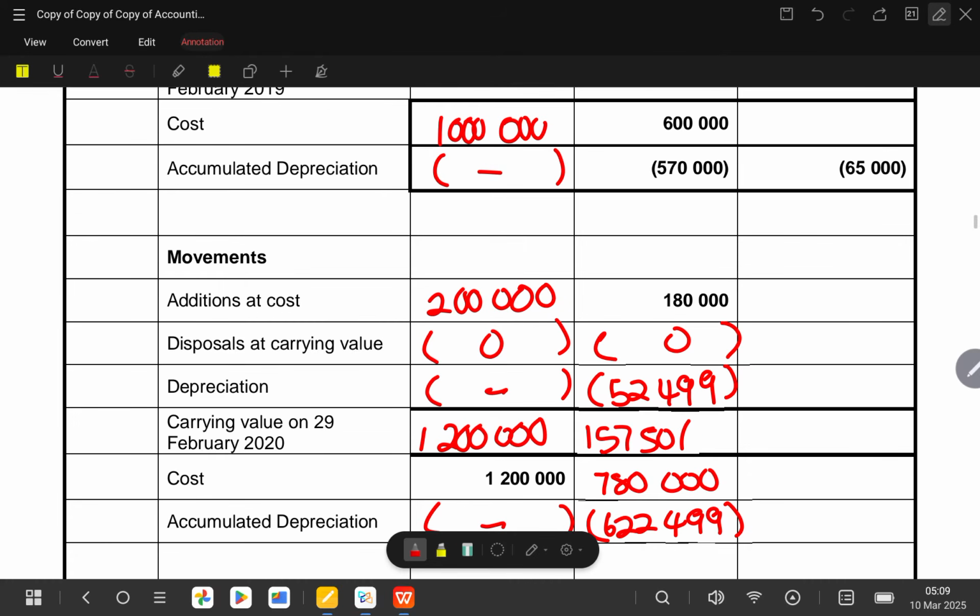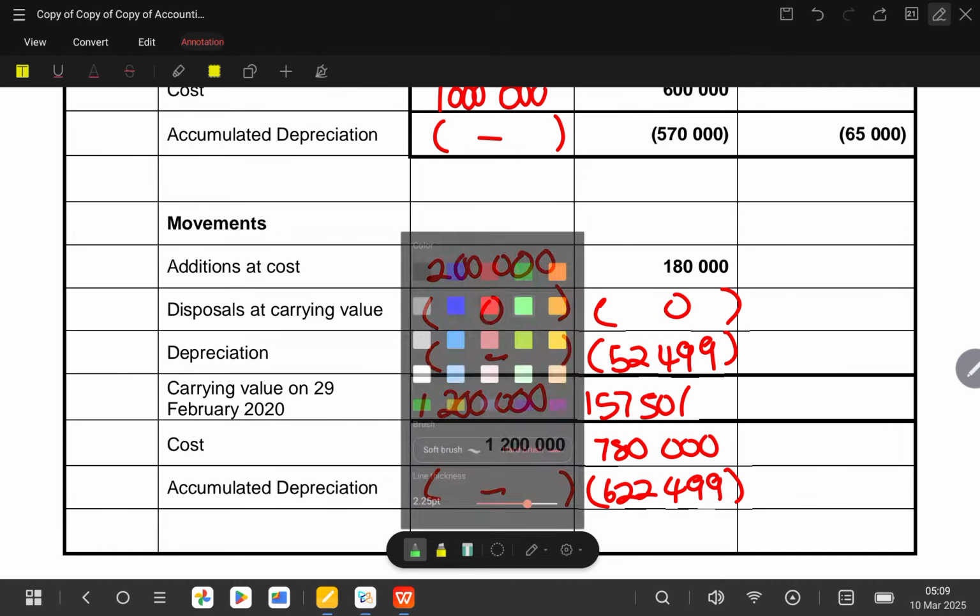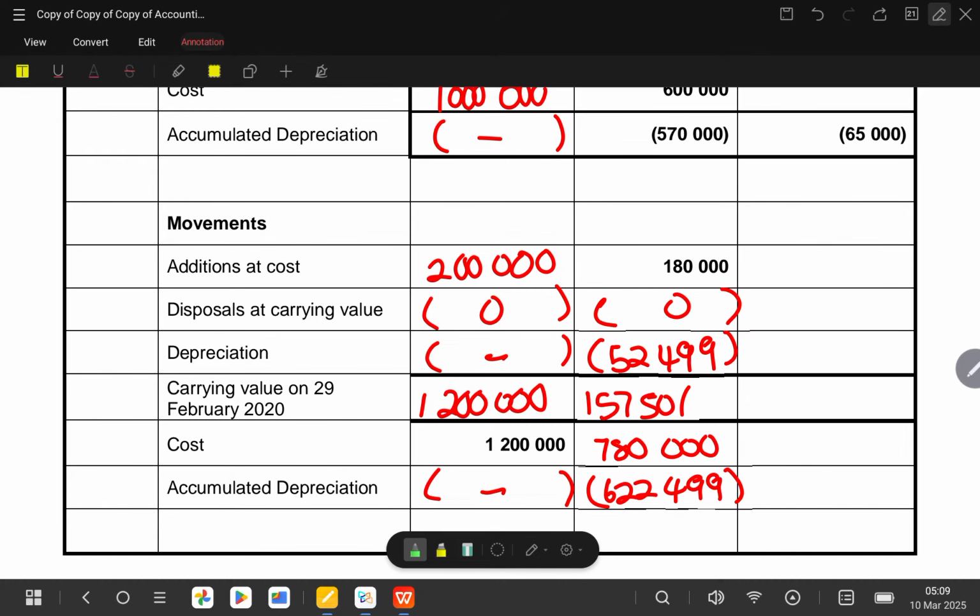Very important for you to know how to calculate this. If you want to confirm your carrying value, you can do it like this, but I'm not saying that you should do it like that in the exam. Remember, on the movement section, the bigger sign is the one that is positive.